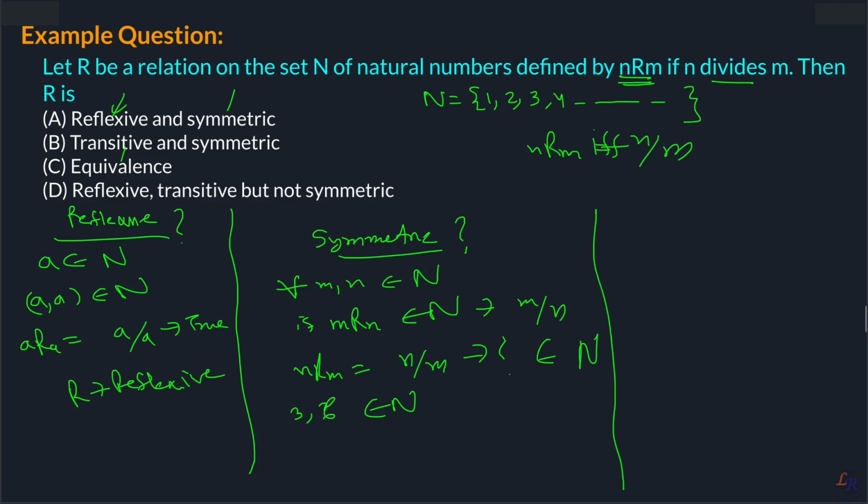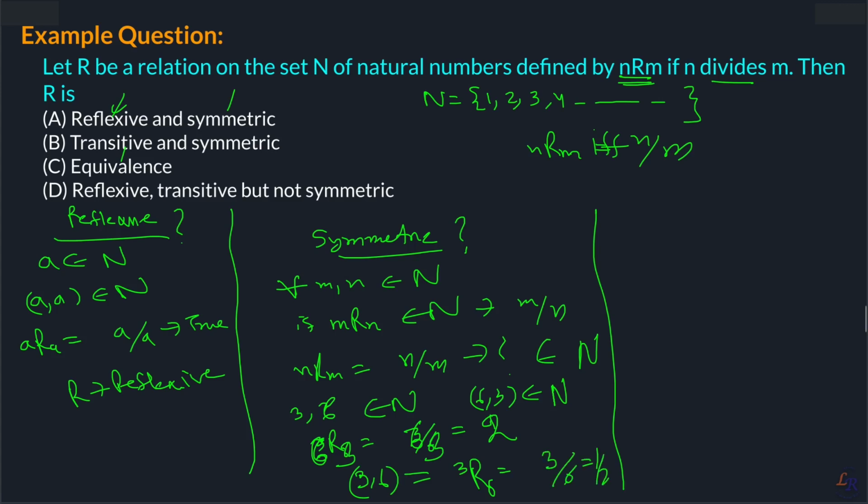Now if I take 3 and 6, you can write 6 divided by 3, and it would be equal to 2. So it means (3, 6) is an element of R. Now whether (6, 3) is an element of R or not: you can write 3 divided by 6 is equal to 1 by 2.